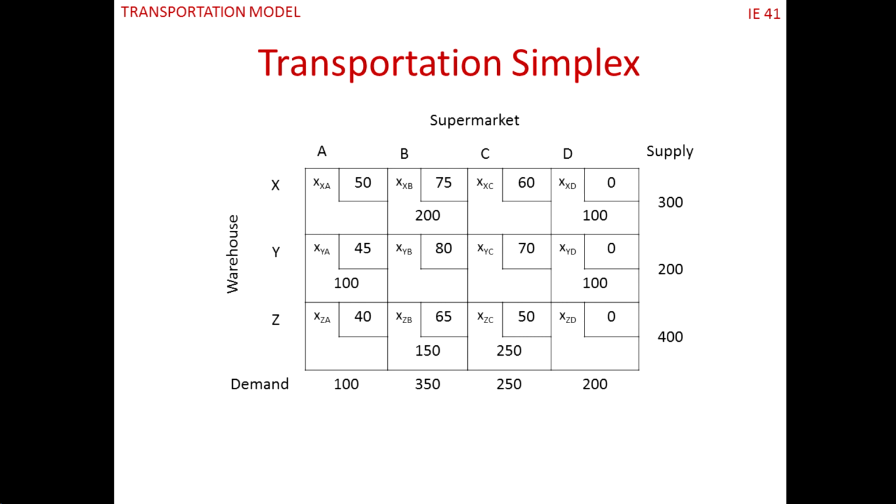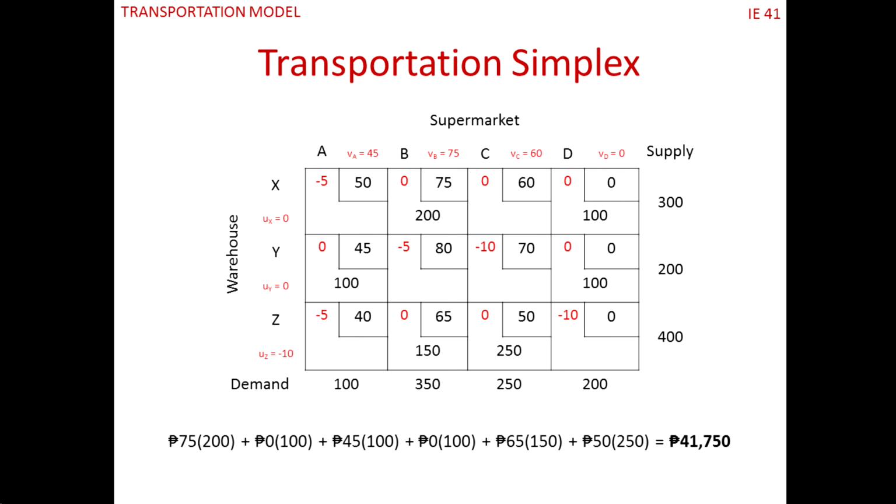The total cost for all transactions is 75 pesos times 200, plus 0 pesos times 100, plus 45 pesos times 100, plus 0 pesos times 100, plus 65 pesos times 150, plus 50 pesos times 250, which is equal to 41,750. We were able to optimize the starting solution generated by VAM with only one iteration.